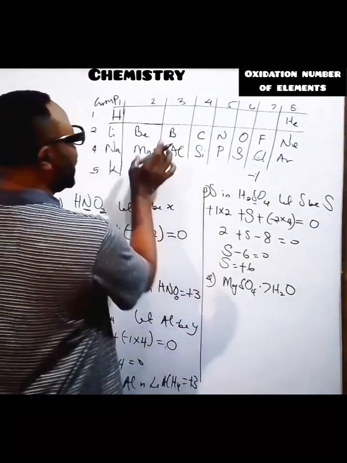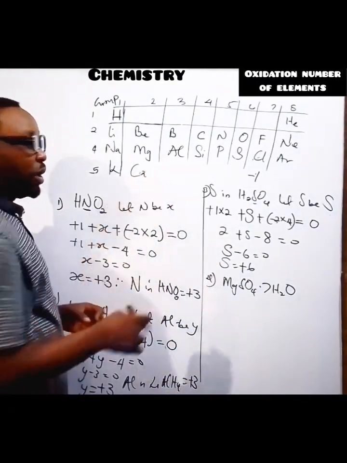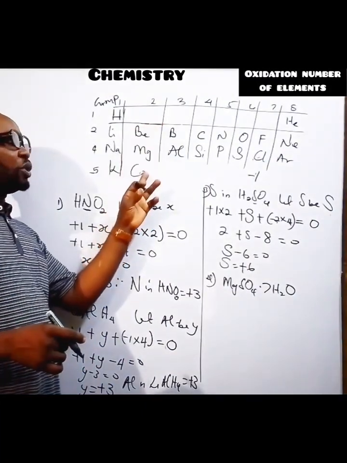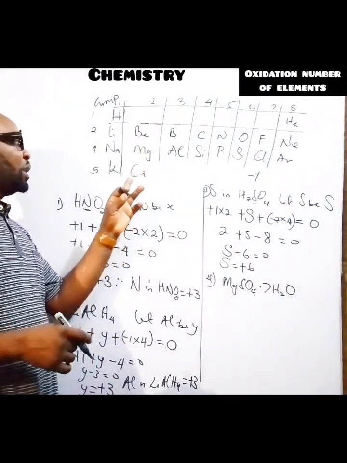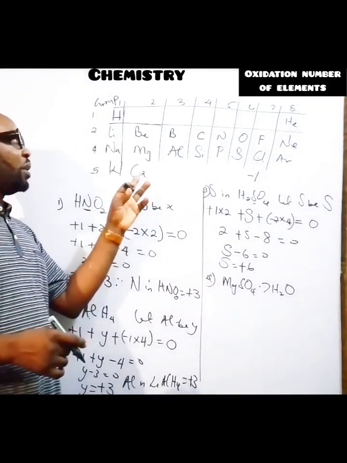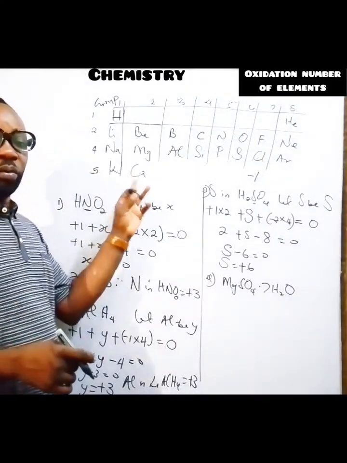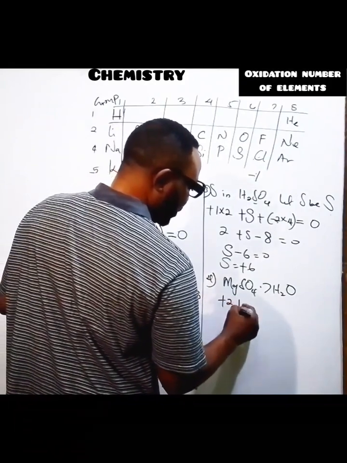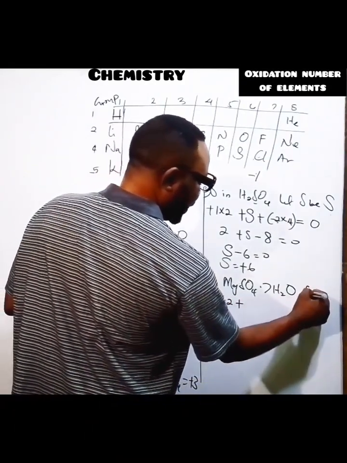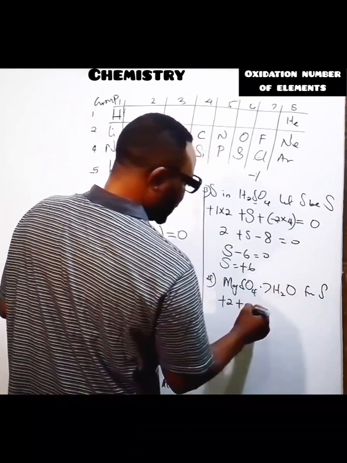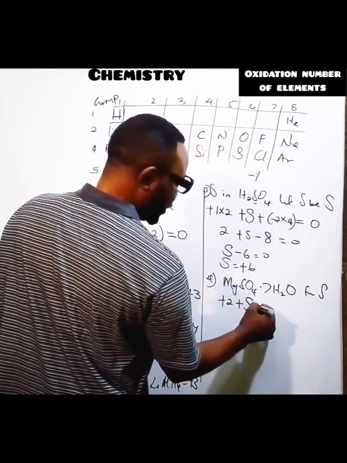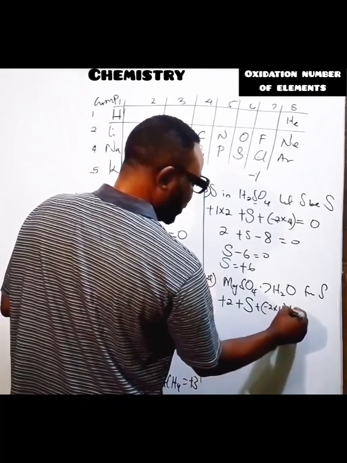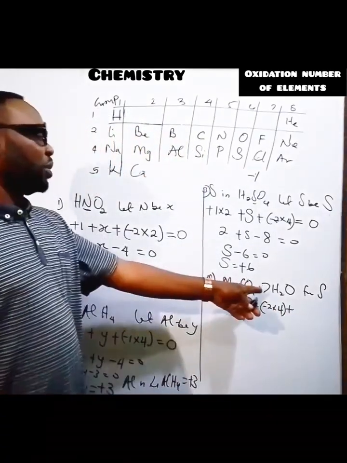Magnesium is found in group 2, and we have earlier been told that atoms in group 2, in their compound state, have an oxidation number equal to +2. So we can now say +2 plus sulfur, which we are asked to find, plus -2 times 4, plus, you can see there's a dot here.